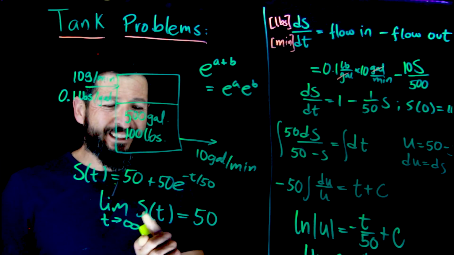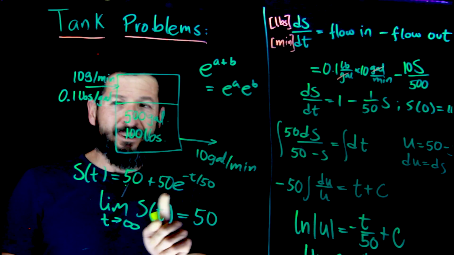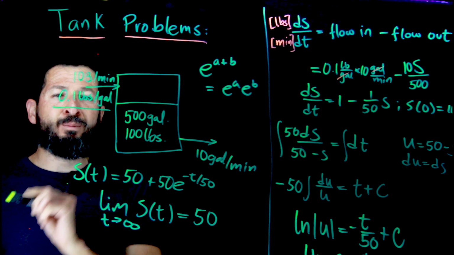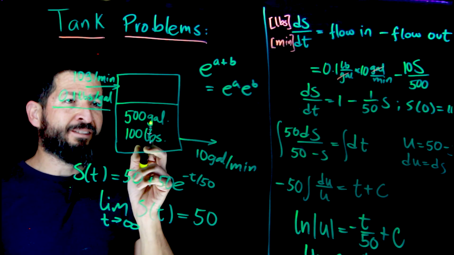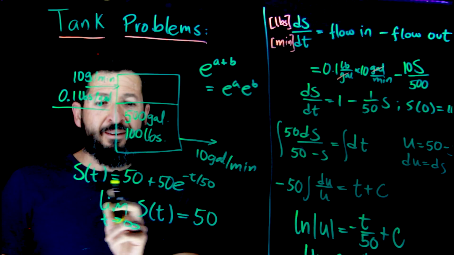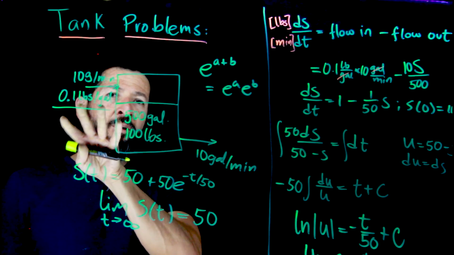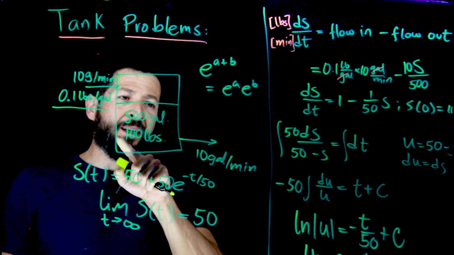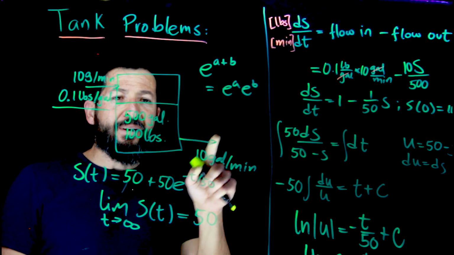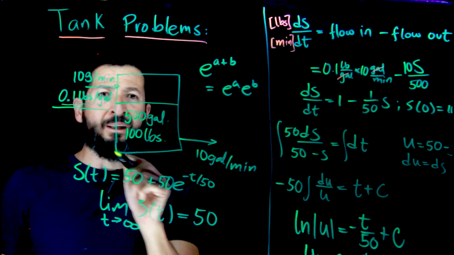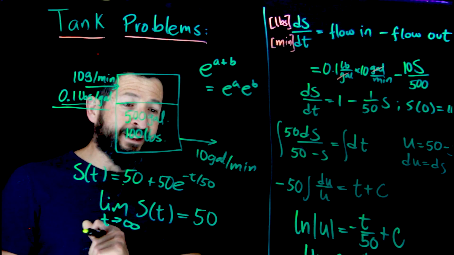So when we take the limit as t goes to infinity of this quantity, we get 50, which is my concentration of 0.1 pounds per gallon times 500 gallons. That would be 50 pounds in the tank. So we start with 100. We're putting in something that is less concentrated, and as it starts flowing out, eventually we get a steady state where this concentration becomes the dominating concentration, or the concentration of the entire tank.